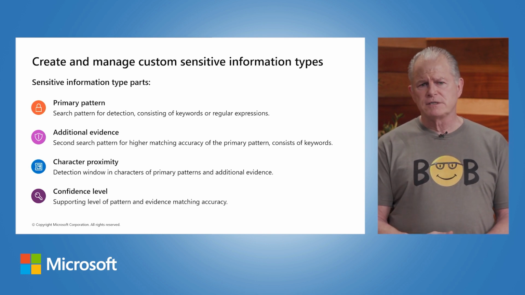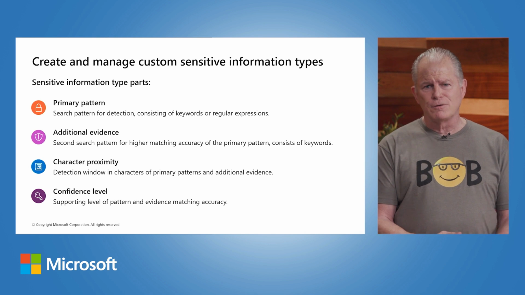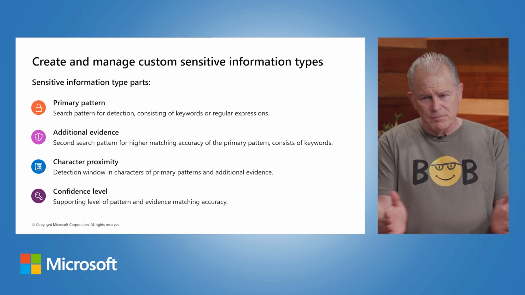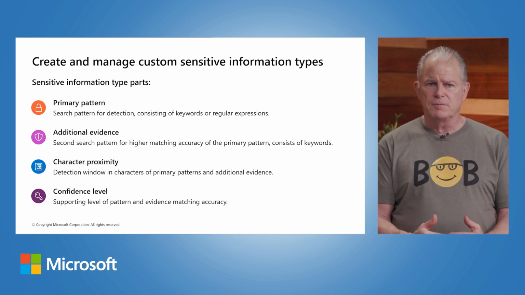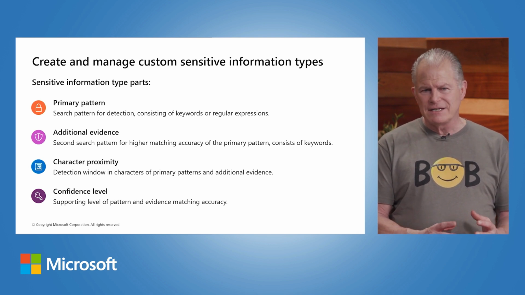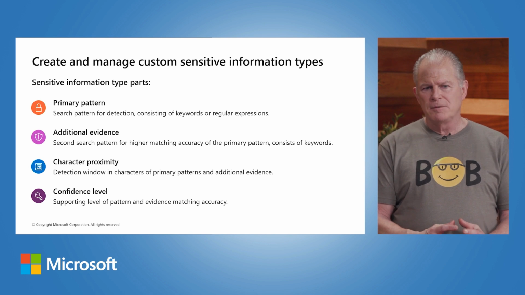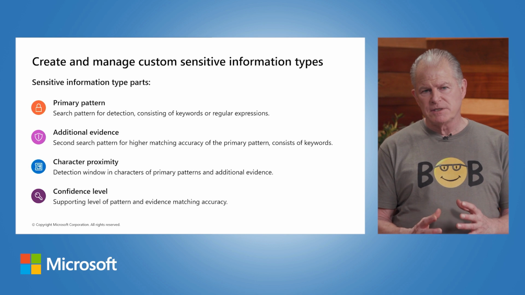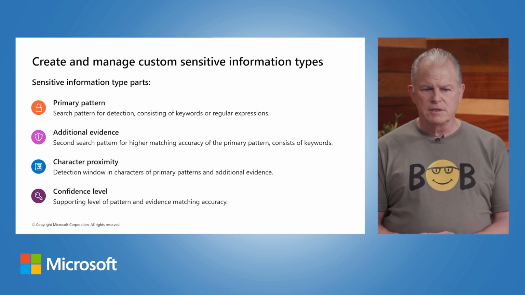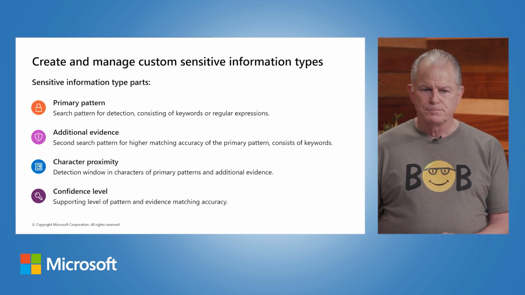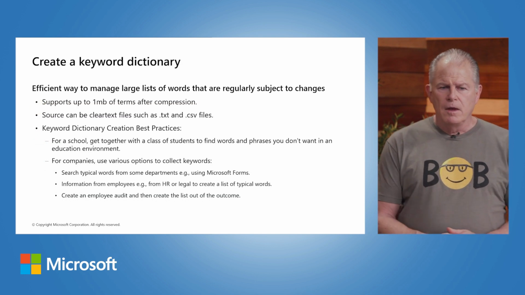There are things like character proximity: if these words are found closely together, and you can define what that closeness is and what the characters are, these are all things you can do to make sure you are identifying objects correctly, so they can be categorized as a specific information type that can then receive a label that can then have a policy applied to it.